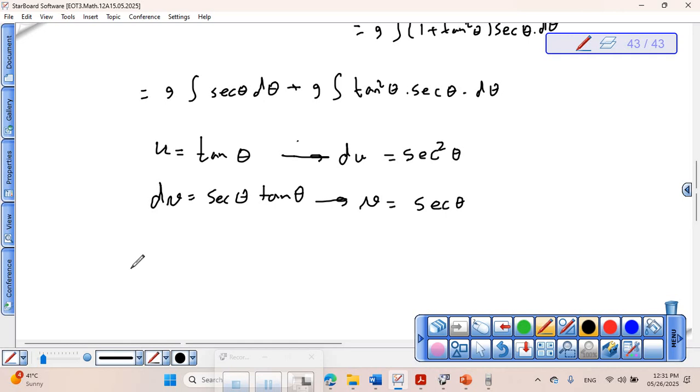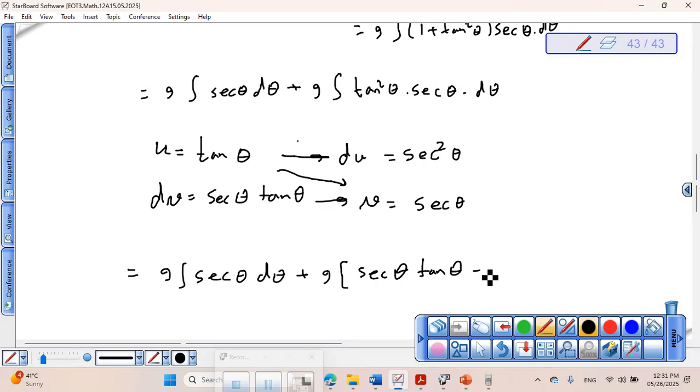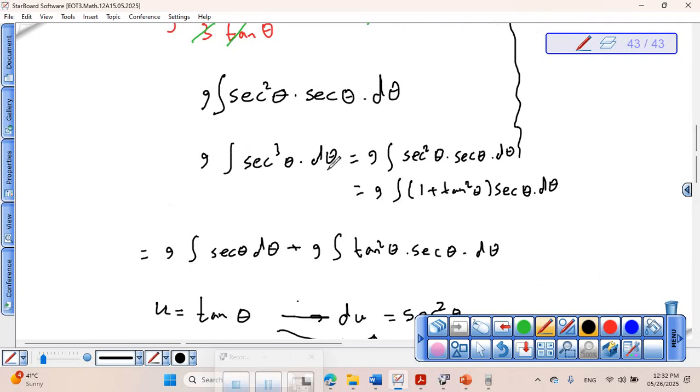We can write the integration equals 9 sec theta d theta plus 9 times u times v, which is sec theta tan theta, minus integral of v du, which is the integral of sec to the power 3 theta d theta. The same here.